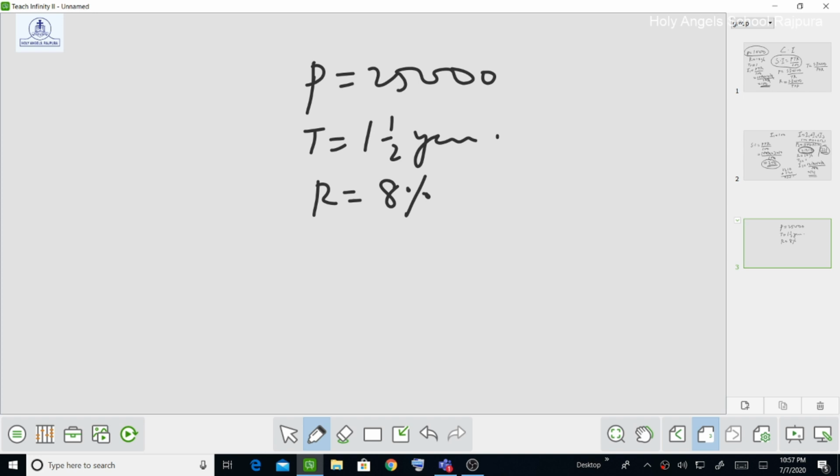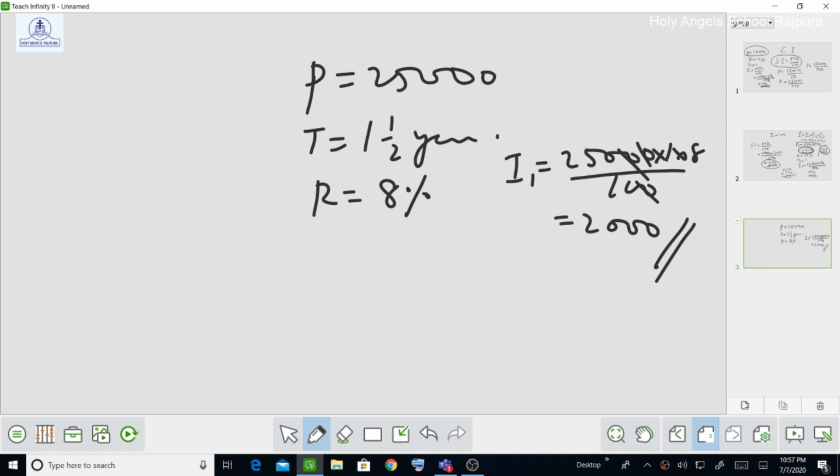25,000, rate of interest 8%, time period is 1.5 years, compounded annually. Now let us calculate the interest for the first year. I1 is PTR upon 100, that is 25,000 into 1 into 8 upon 100. Zeros cancel, that is 250 into 8, which is equal to 2,000. 2,000 is the interest after 1 year.